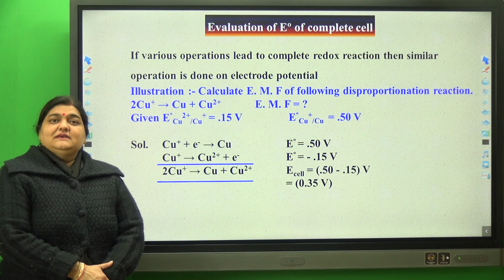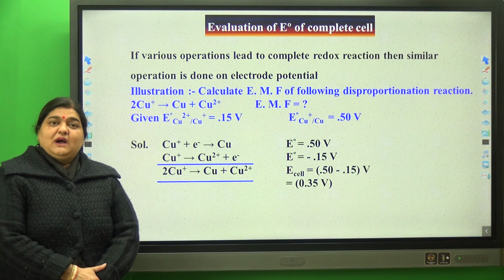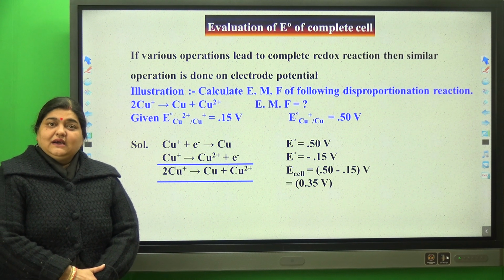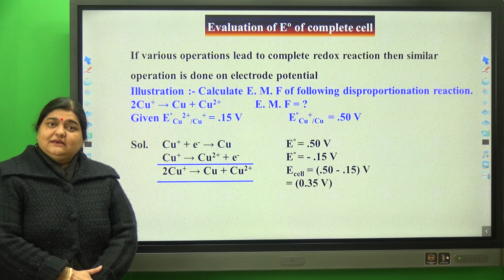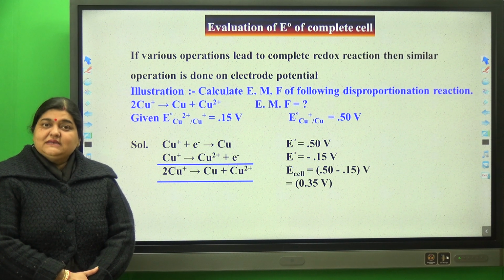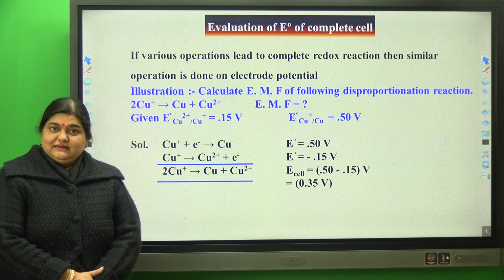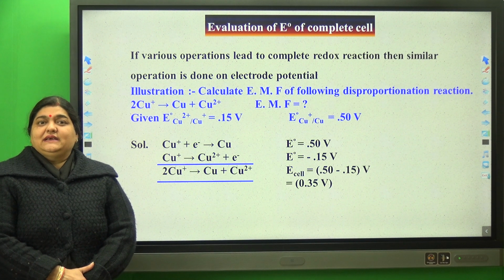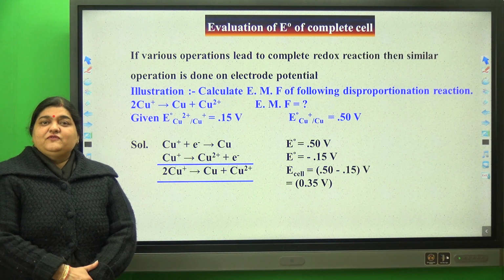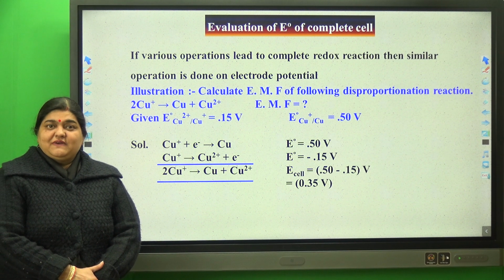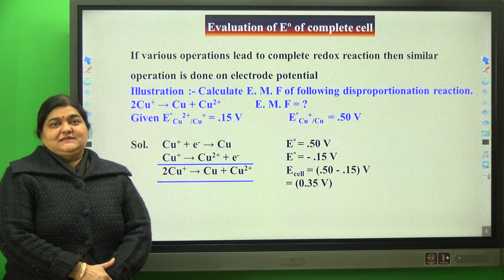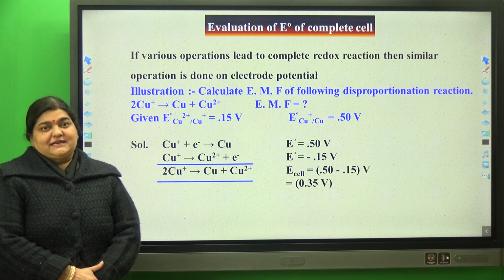If we are given E naught values for two half cells, and the third equation is another half cell but not a complete cell, then we cannot find its E naught directly. We first have to find the Gibbs energy values, and then we will be in a position to find E naught indirectly.